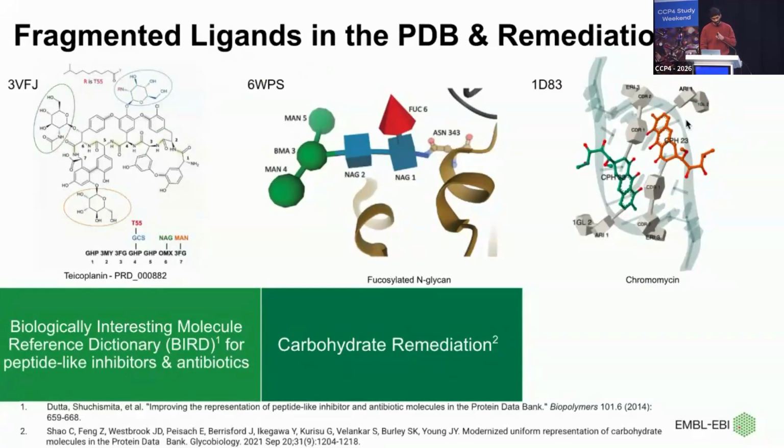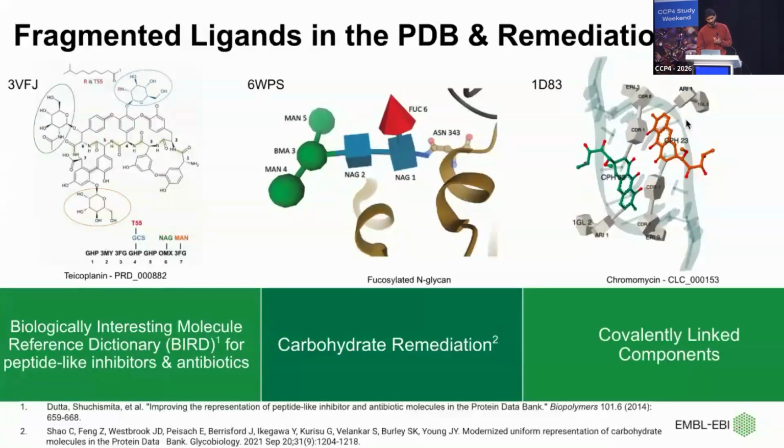We analyzed the structures in the entire PDB, identified these kinds of fragmented molecules, and created a complete definition. This is an automatic process, and we called them covalently linked components. This creates a complete description, which makes it easy for you to search them using their own chemical descriptors.